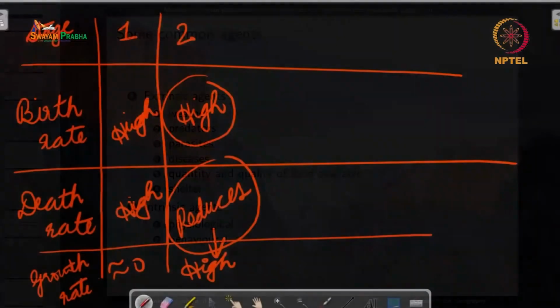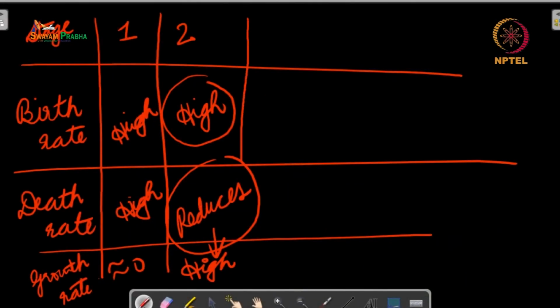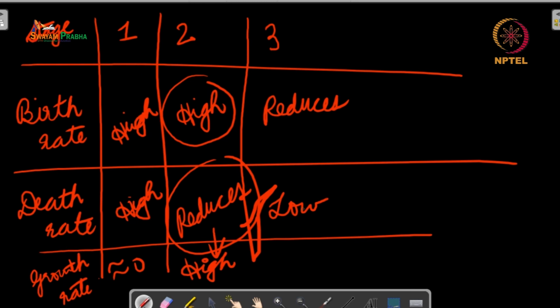Because now people come to the understanding that okay, if I have more number of children, my property will be divided in so many children that everybody will get a very small share of the property. And so now people consciously try to use things like contraceptives. And so in the third stage, we have a society where the birth rate also reduces and the death rate is already low.